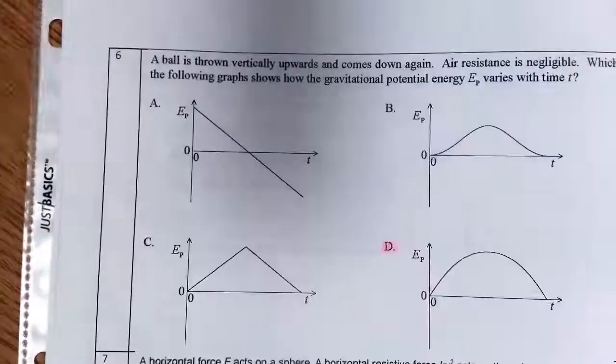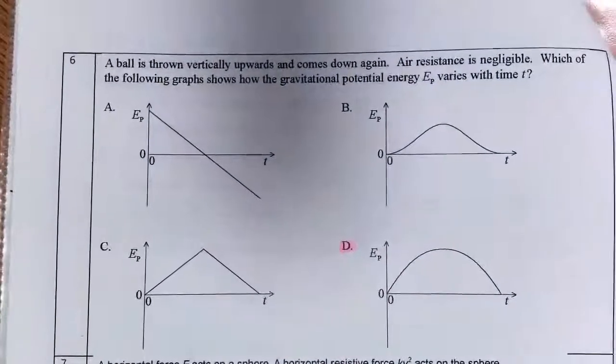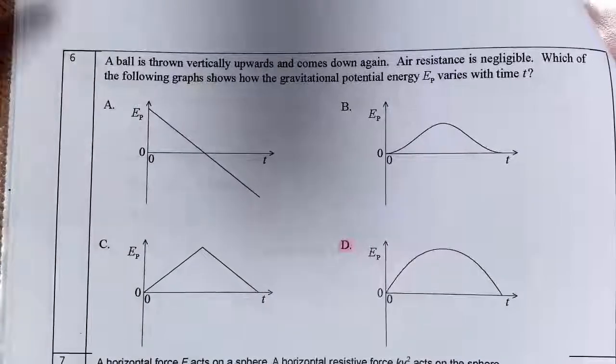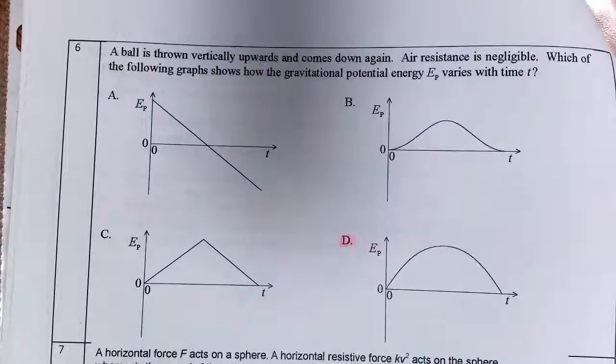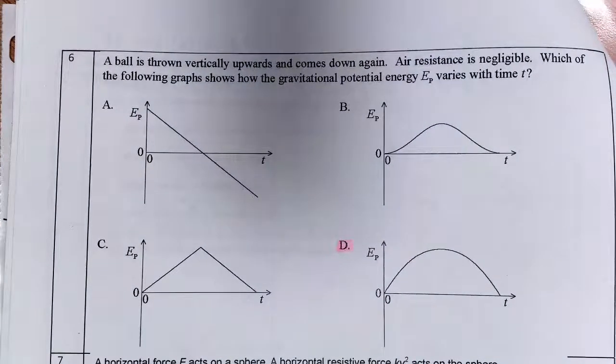Okay, number 6. So I've got a ball thrown vertically upwards and it comes down again. Air resistance is negligible. Which of the following graphs shows how the gravitational potential energy varies with time t?